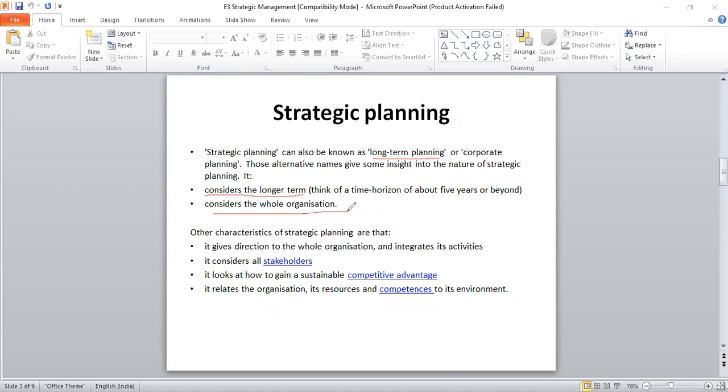So they may not understand the bigger picture, but it should be everybody's responsibility to understand that it is not only the small area of work or the responsibility which has to be fulfilled, but the bigger picture which they have to achieve. So, strategic planning is that bigger picture for the entire organization.